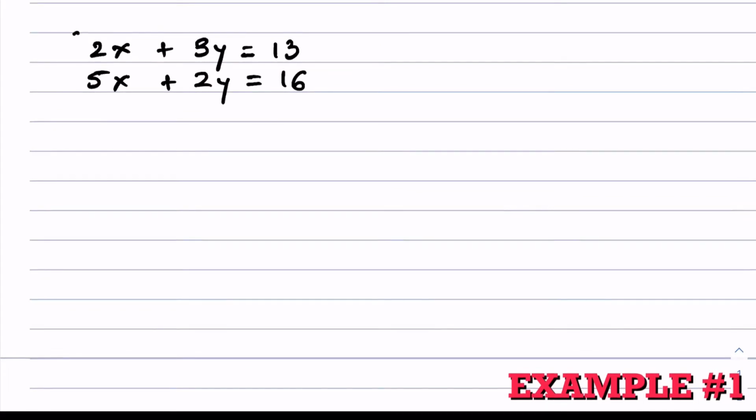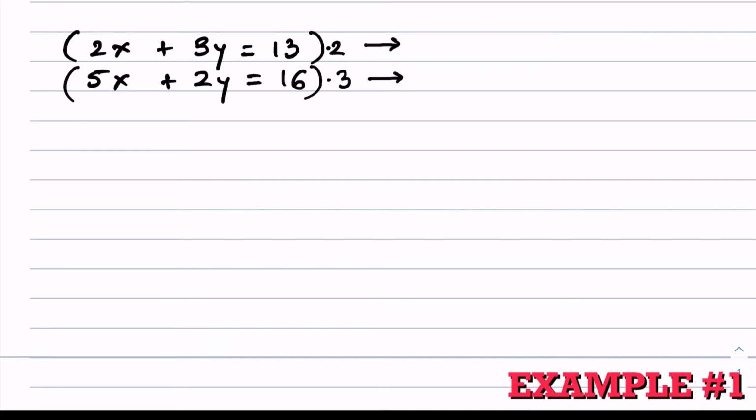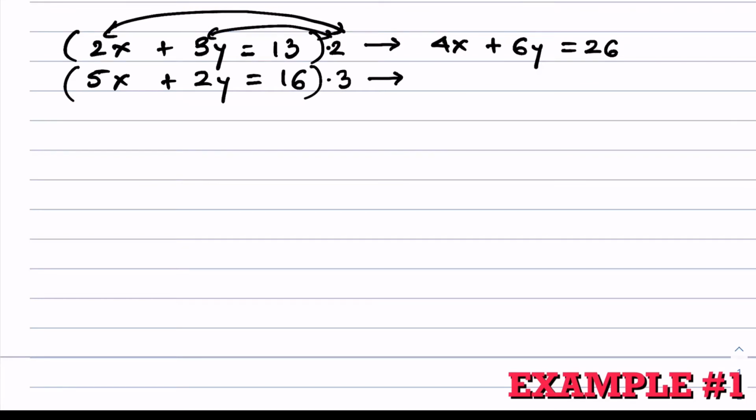So let's say I multiply the first equation by 2, and the second equation by 3. Then the transformed equations become 4x plus 6y equal to 26. What have I done? 2x multiplied by 2 gives 4x, 3y multiplied by 2 gives 6y, and 13 multiplied by 2 gives 26.